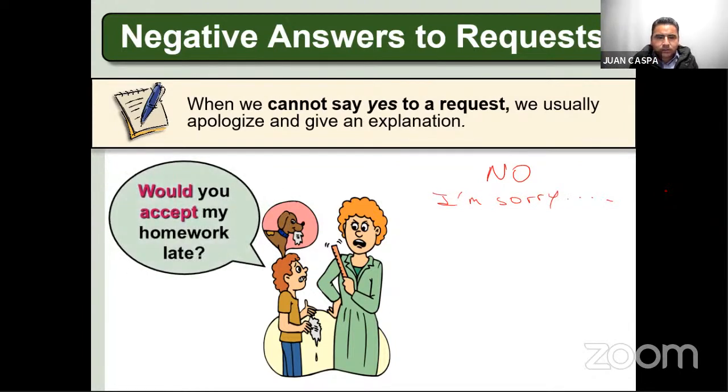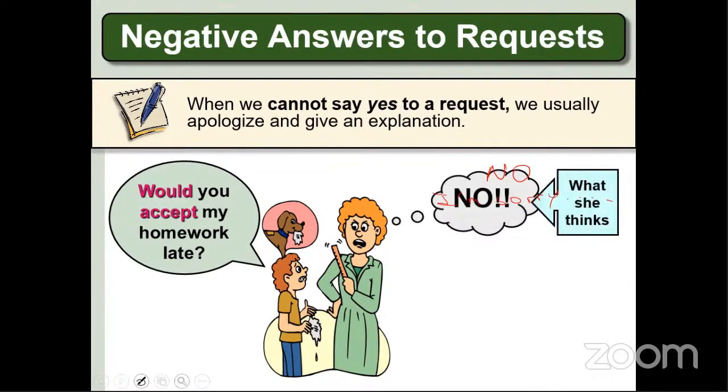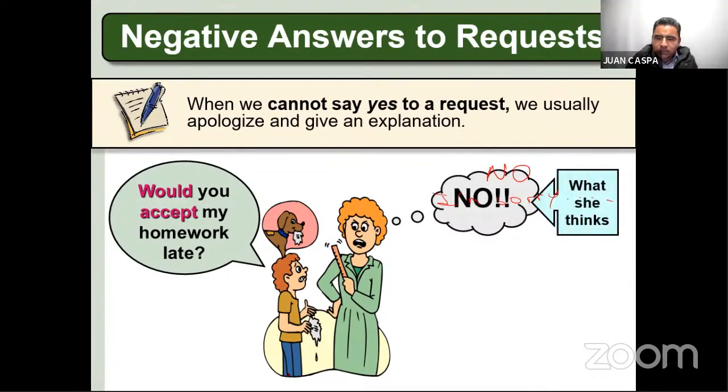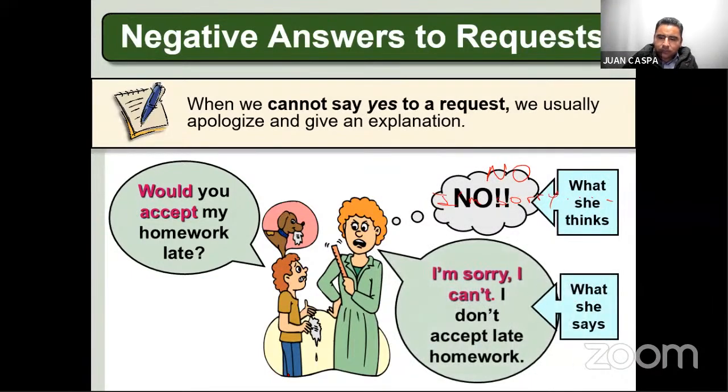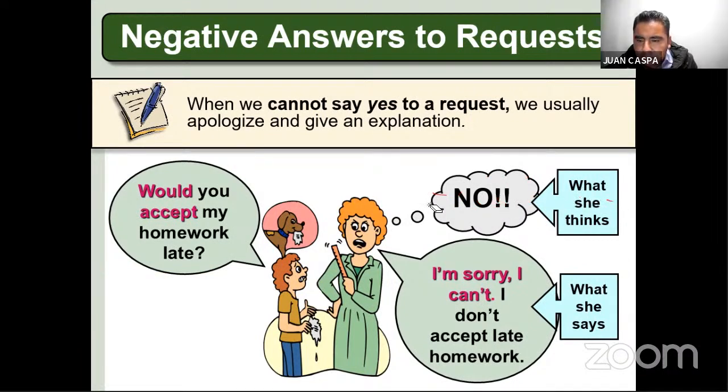Please, Ernesto. Would you accept my homework late? No, is what she thinks, right? But read, please. I'm sorry, I can't. I don't accept late homework. Yes, right? Yes. I'm sorry, I can't.